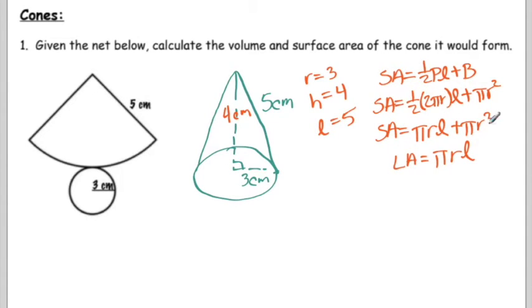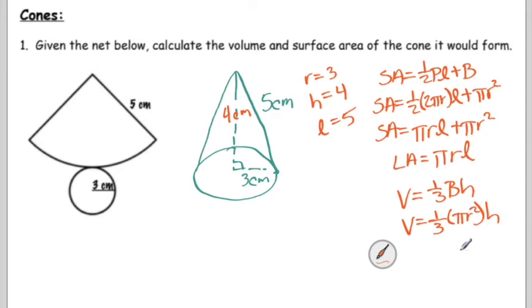So we know our surface area formula and our lateral surface area formula, and our volume is 1/3 the area of the base times the height, just like a pyramid, but it's a cone, so we're going to fill in 1/3 pi r squared h, filling in the base as pi r squared.